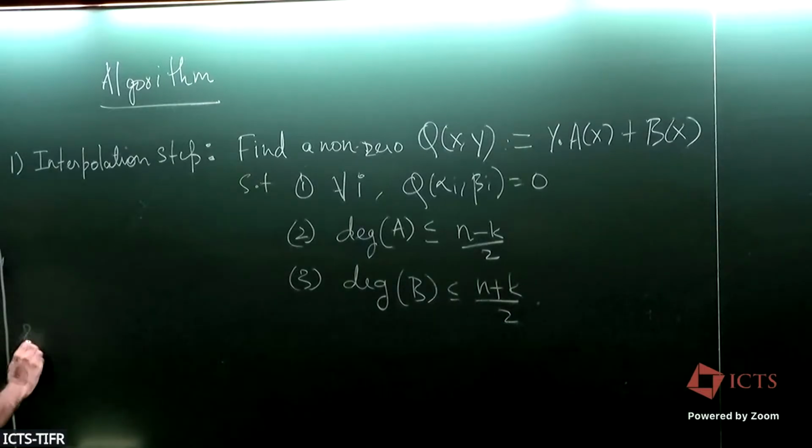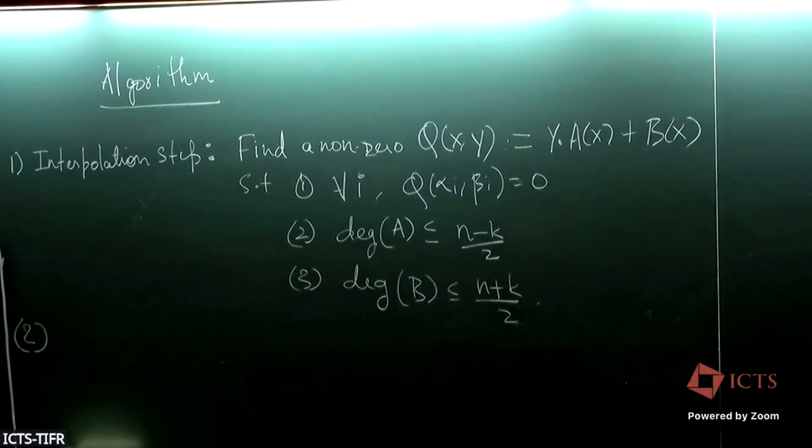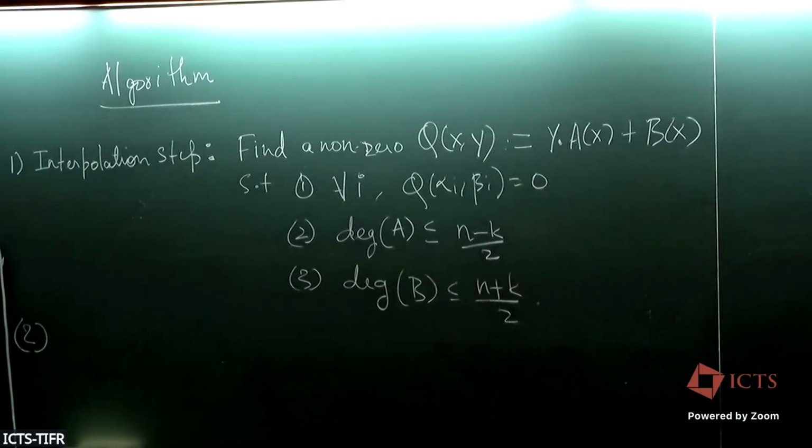Yeah. What should be the second step based on the first step, like what we were doing here? Right, we should really try to output minus B over A. But we'll output this up to some checks and balances. Given the received word, the way I've stated the problem, we have a promise.